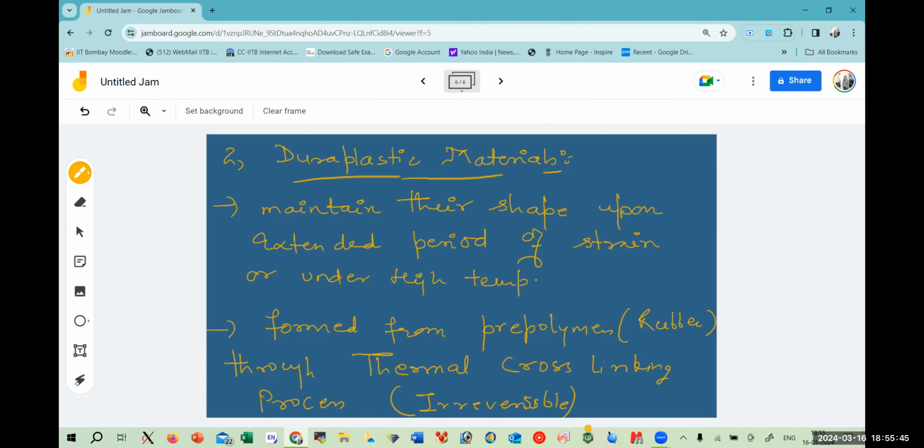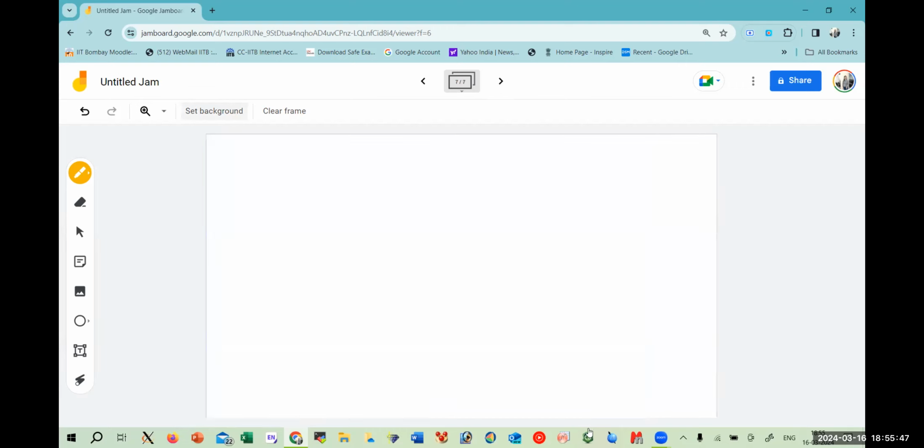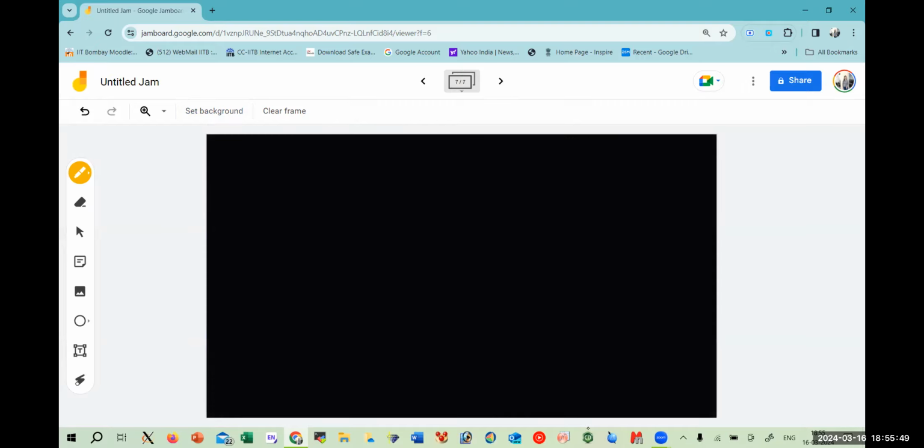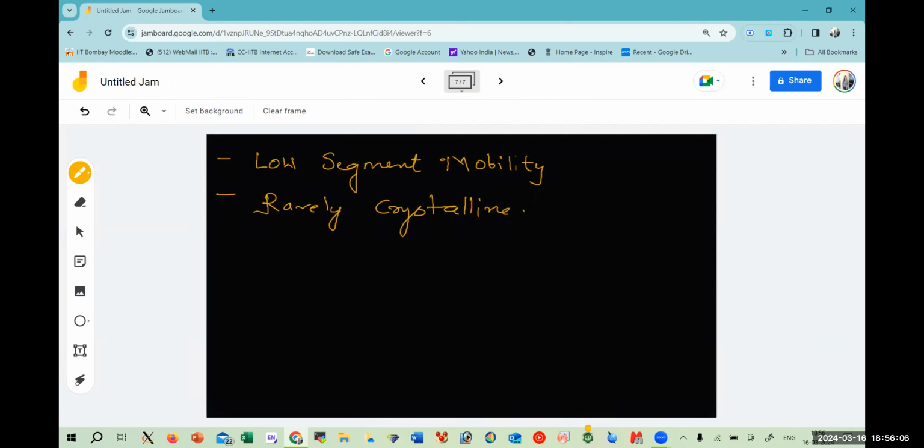They are formed through the cross-linking process. Second, they also have low segment mobility and they are rarely crystalline. Most of the time they would be seen as amorphous material.